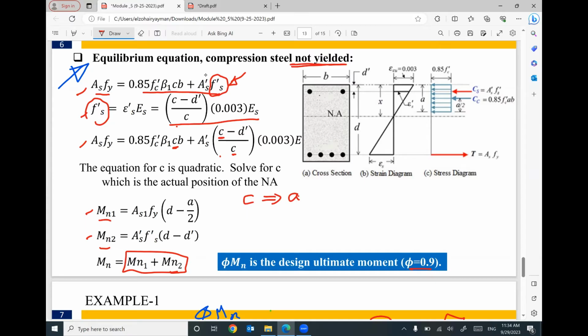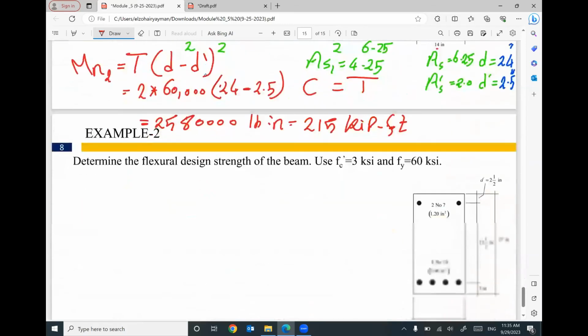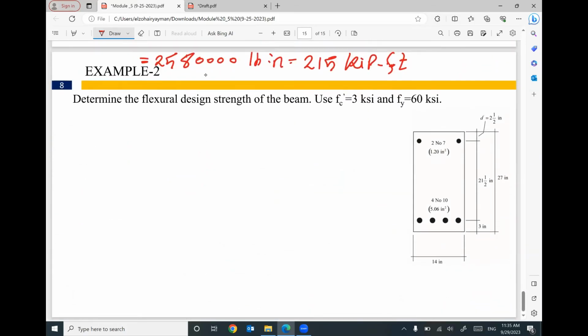Let me do an example and show you how to calculate the Phi Mn in the case where your steel reinforcement did not yield. We need only follow the equations in this slide. I have this example. We need to figure out what is the Phi Mn for this cross section.